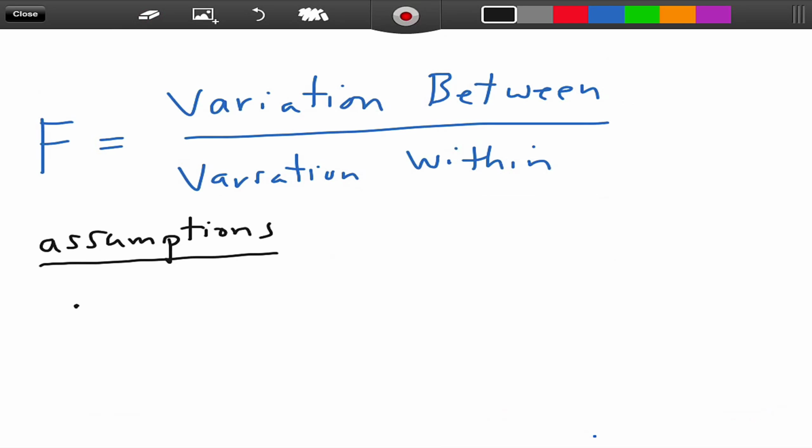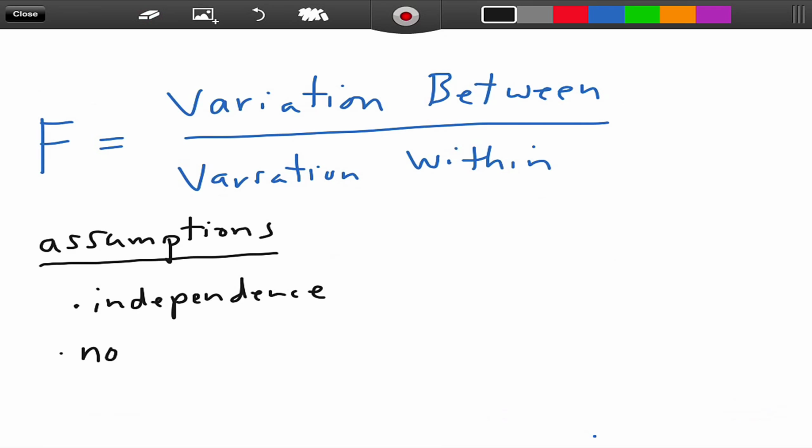Well, the first thing we need is independence, and you're going to find out in statistics that independence is always a critical issue. Guys, independence at the end of the day just means that the probability of getting one particular measurement doesn't depend on the probability of another measurement in our data set.